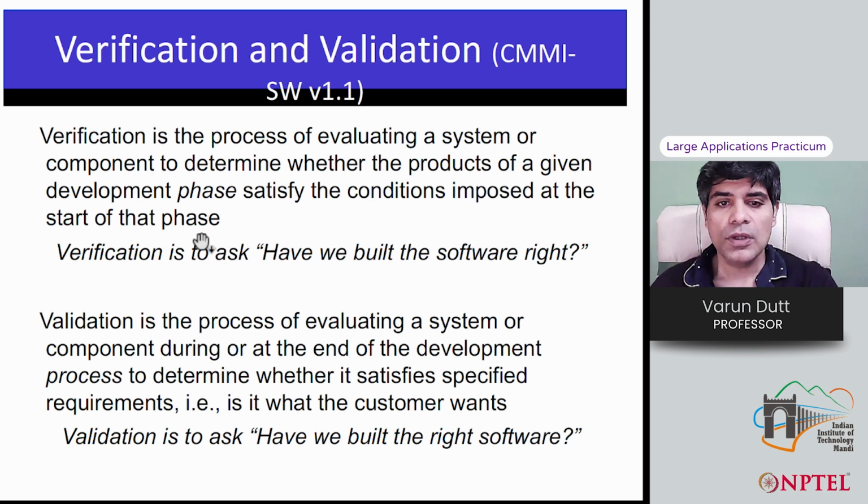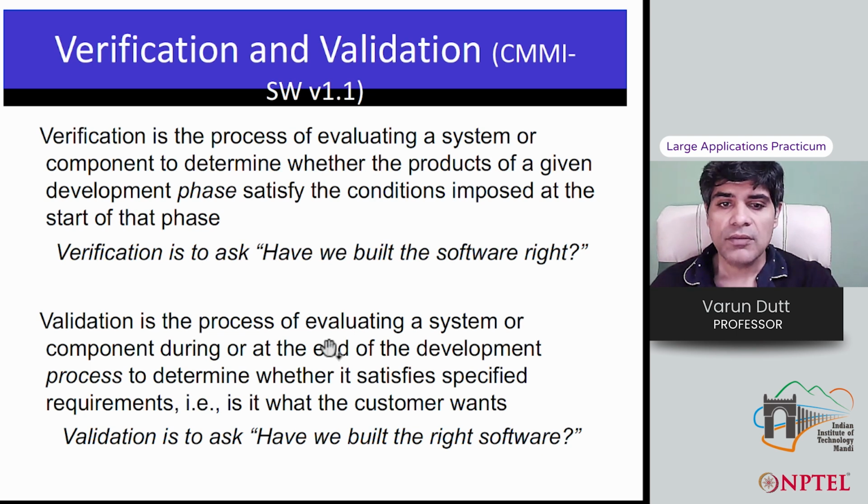So we start out by asking the question, have we built the software right? Verification happens several times in the coding process. We define what we need to code, we code, and then we check whether what we have coded satisfies the conditions which we had imposed at the start of the coding process. Have we built the software right?